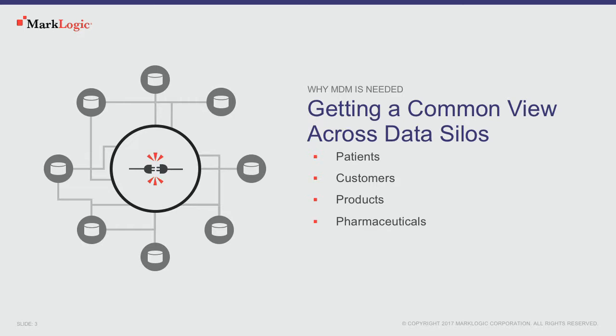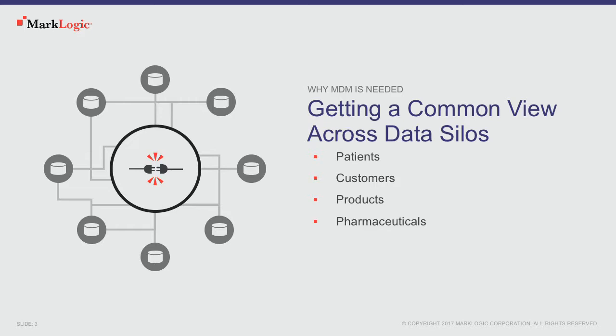In healthcare, it's used for master patient indexes to identify all the different instances of a specific patient across the different systems that are part of a healthcare enterprise or organization, despite the fact that each of those systems might have a different patient ID for each patient, and they might have some slightly different spellings. They might have an old address and a new address in another one, and you want to consolidate all that so you have a better understanding of who you're dealing with, a more consistent view of them.